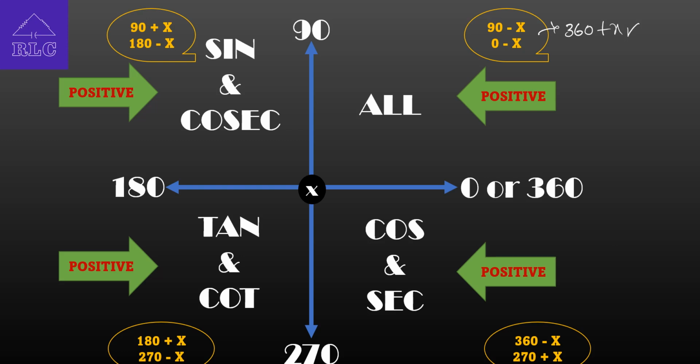Similarly, the second quadrant we call 90 plus x and 180 minus x, and in this quadrant only sine and its inverse, cosecant, are positive.